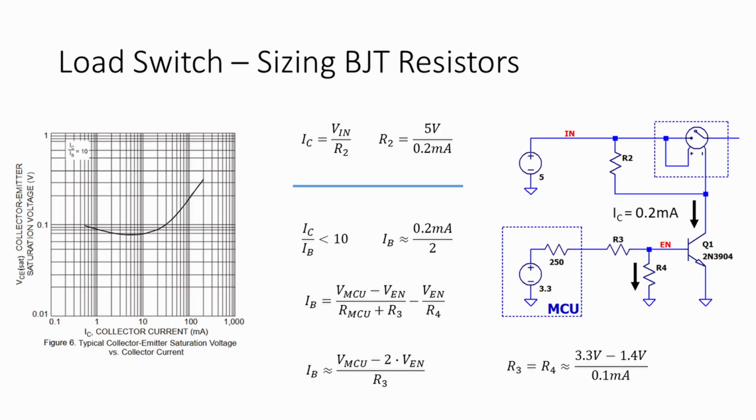To simplify the algebra, we can remove the output resistance of the microcontroller from the equation since it's fairly small, and assume that R3 and R4 will be the same resistance. So solving for R3 in this case, you get about 19 kilo ohms. And you can go ahead and set R3 and R4 to 20K, but since R2 is a close value, you can just use 24.9K for all three parts in order to keep the number of different parts in your design down.